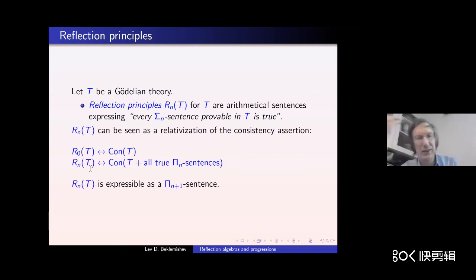So consistency turns out to be equivalent to R0, which is a Pi 1 sentence, and Rn is a Pi n plus 1 sentence. Experience proves that it is in fact the right generalization of Gödel's consistency assertion to higher levels of the arithmetical hierarchy.